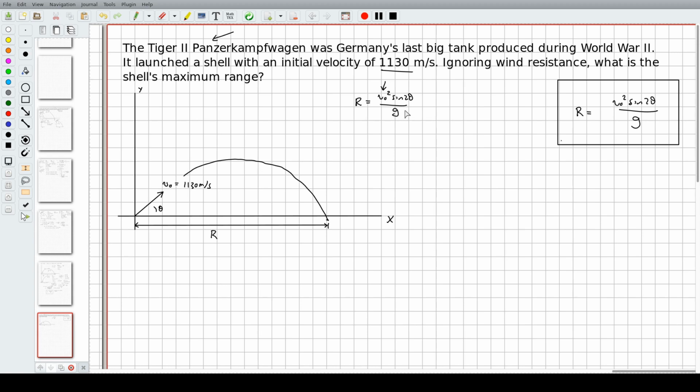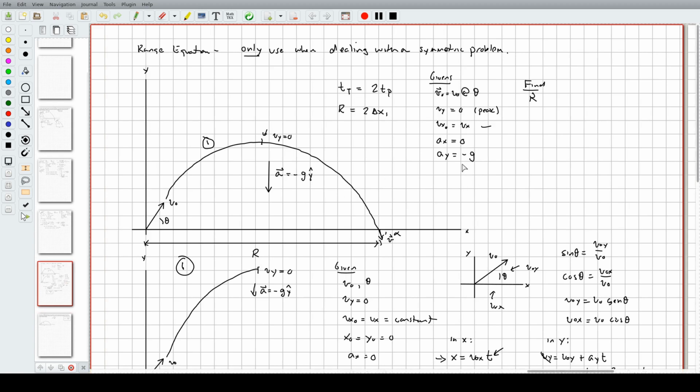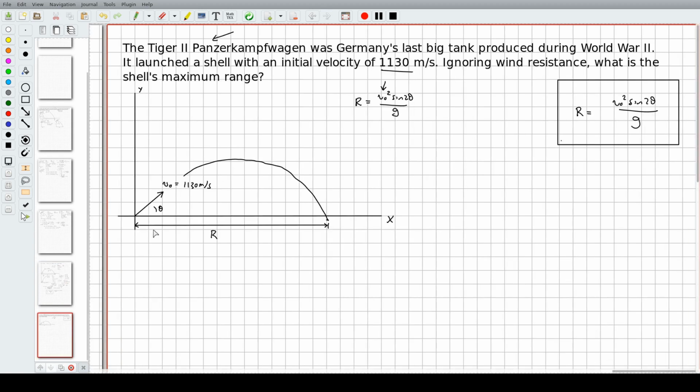Remember, it's not negative. We put the negative in when we derived the range equation, so that's already been taken care of. So the only thing on the right-hand side that can change to give you your maximum R would be your angle. So one question you might ask is what angle is this equation at a maximum?